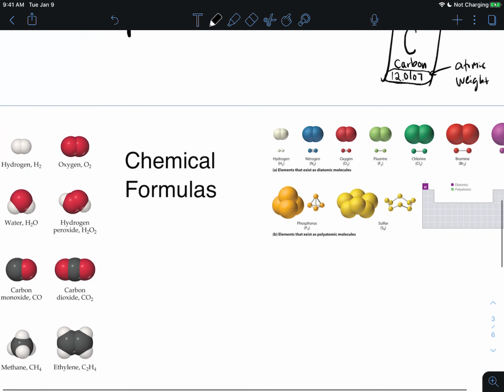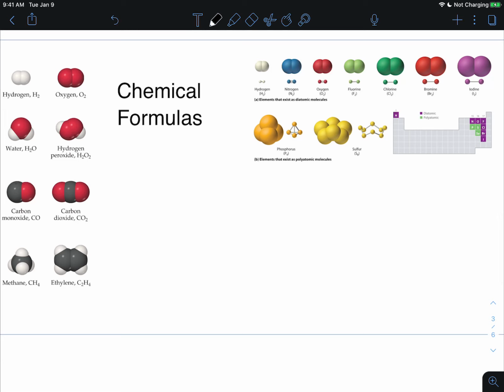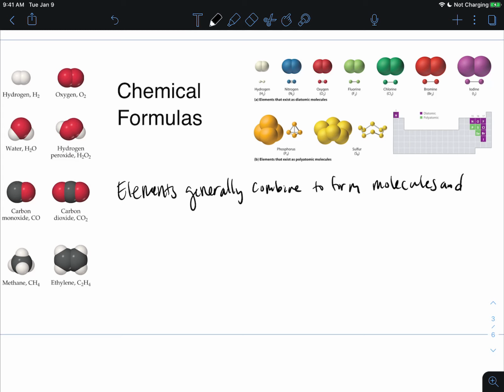Our chemical formulas themselves are going to show what elements are in a compound or molecule and how many of each. So our elements themselves generally combine to form molecules and compounds. They are rarely by themselves.